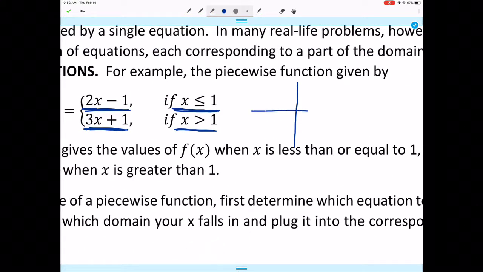Let's see if I can fit this in here. So if we did this kind of graph, I'm just going to put some ticks in there really quick. Here the first equation, I'll do it in red. Our y-intercept is -1, so right here, and the slope is 2 over 1, so it would be rise over run.